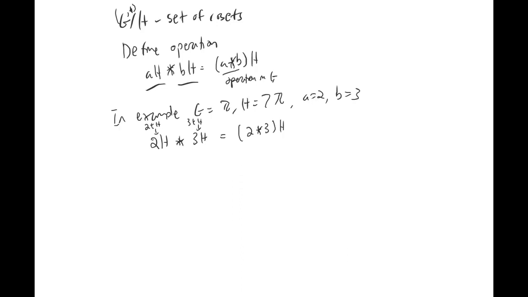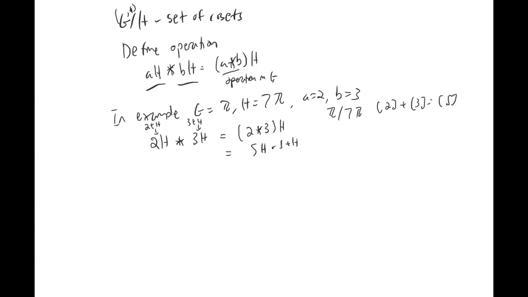But 2 star 3 is 5, because the operation is plus. So this is 5 plus H. I just don't want to write a lot of plus signs. It makes sense: in Z mod 7Z, when you take the class of 2 plus the class of 3, you get the class of 5.